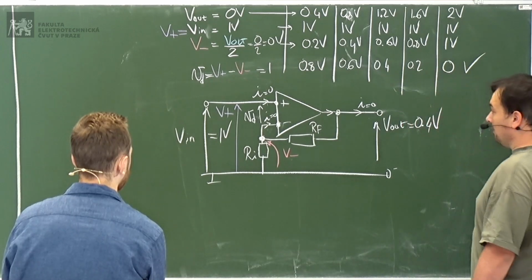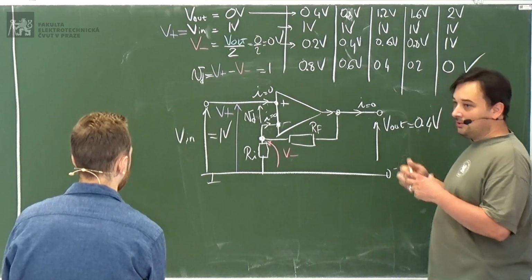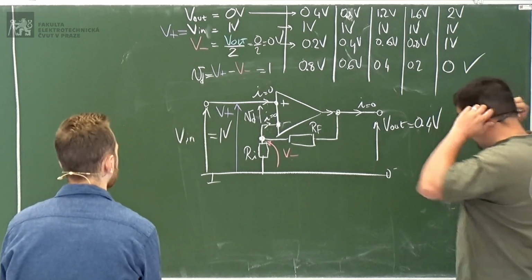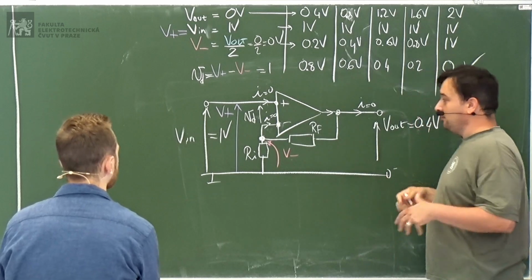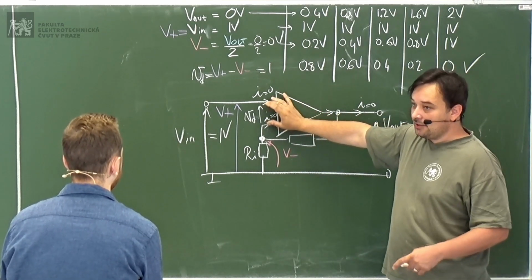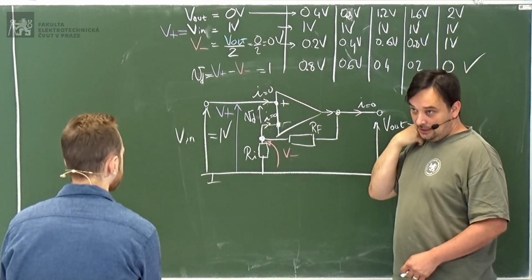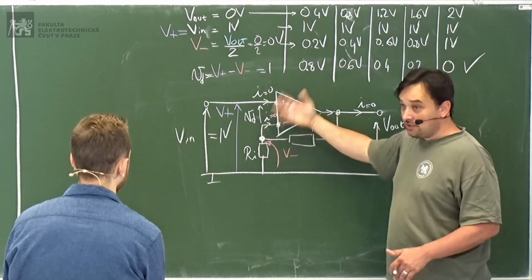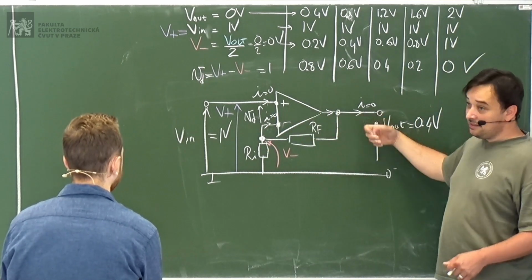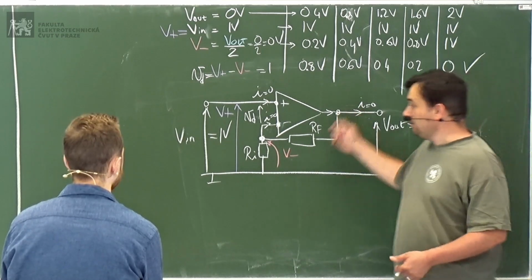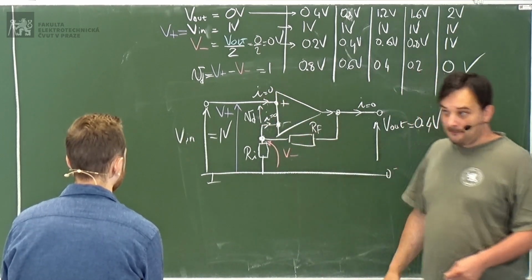So this is how the operational amplifier works. It feels how large the voltage difference is here. If it's 0, it doesn't do anything. If it's positive, in this case, it will increase the output voltage until it feels that the difference is 0.